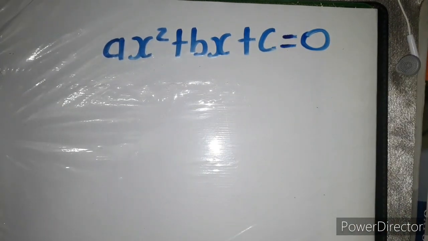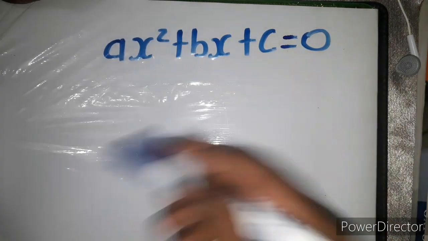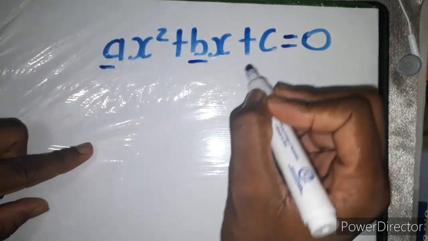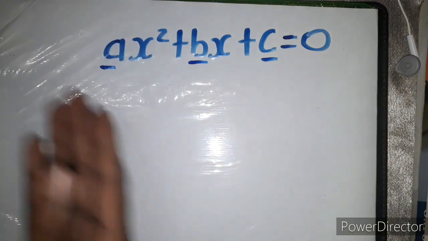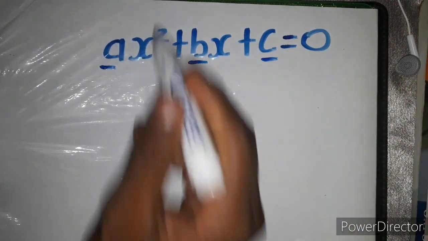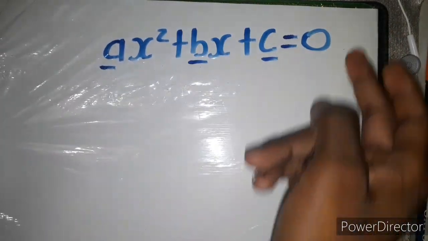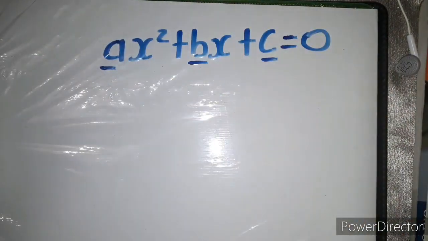The only difference is that we equate it to 0, and we know the difference between an equation and an expression is that an equation has the equal sign. Here a will be a number, b will be a number, and c will be the number itself, or the constant. As long as we have a square term, it is a quadratic equation, and this is what a quadratic should look like.